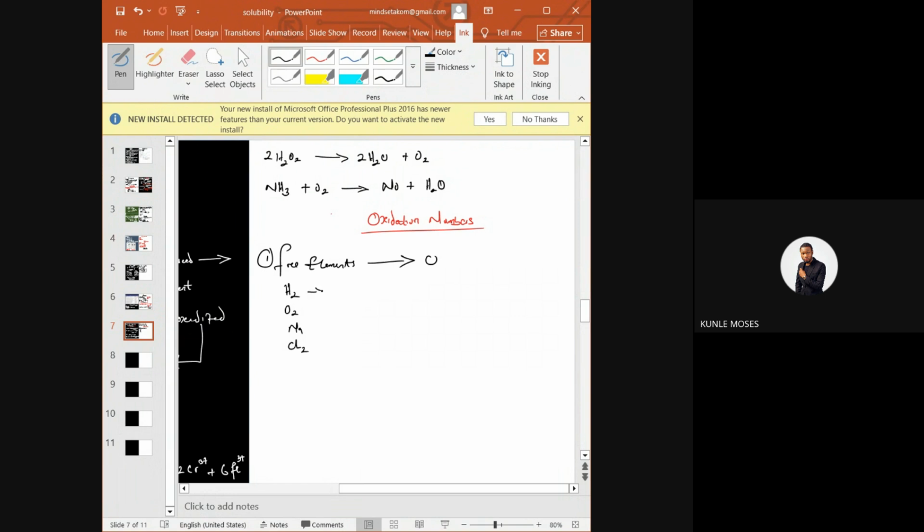All these are zero. We call them free elements. So anytime you see an element that is not combining with another element, what did I say? It has an oxidation number of 0. The reason is because they are in their natural states, so they are not combining with another element.